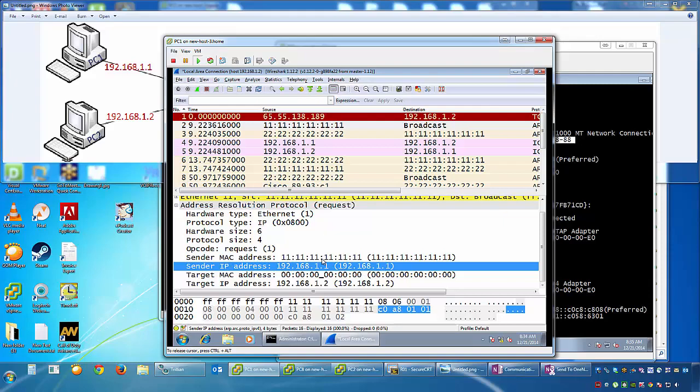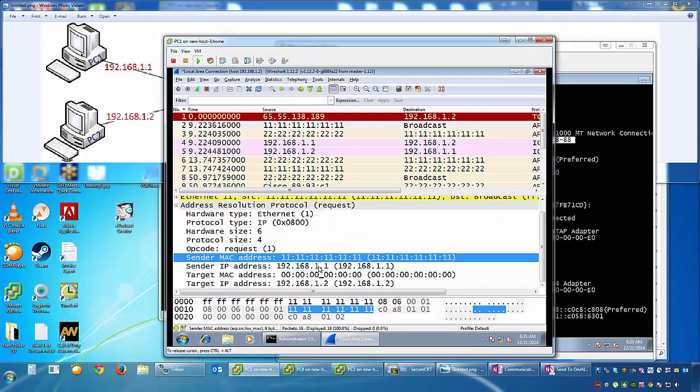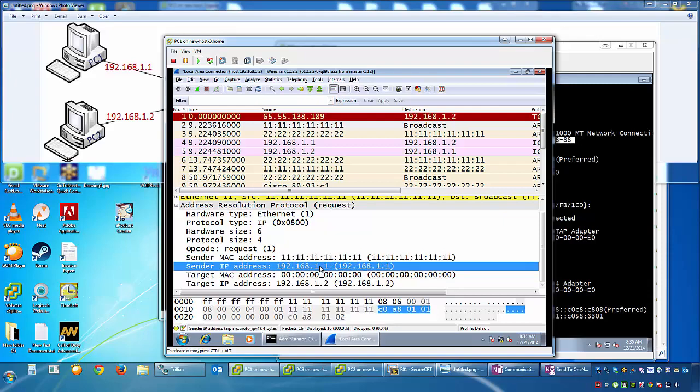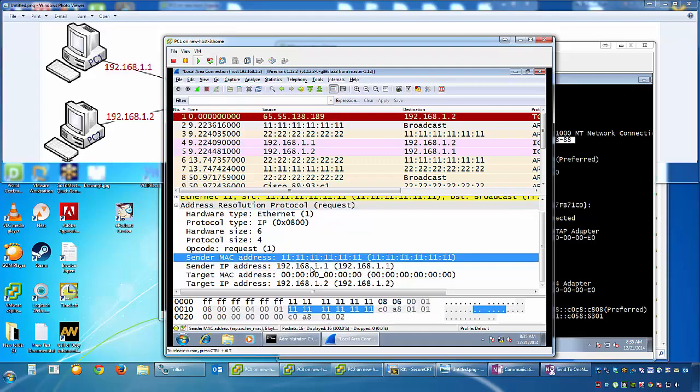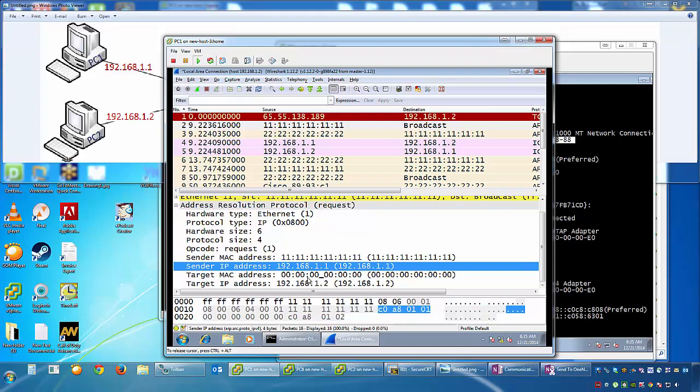So this also allows PC2, whoever I'm sending it to, which remember, we're sitting on PC1 now. We sent this information. We're looking at the request now. This allows whoever I'm sending this information to build their ARP table as well. Because when PC2 gets this information, he's going to say, well, while I'm at it, I might as well just put this entry in my ARP table. Might as well.